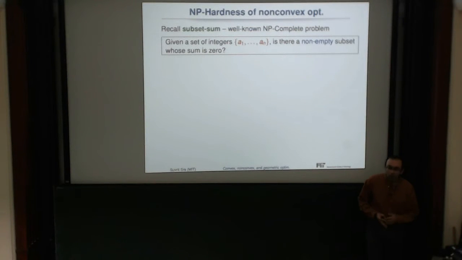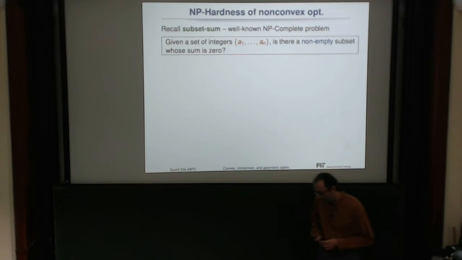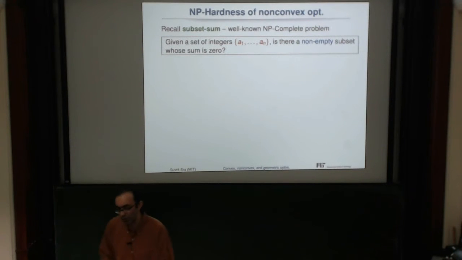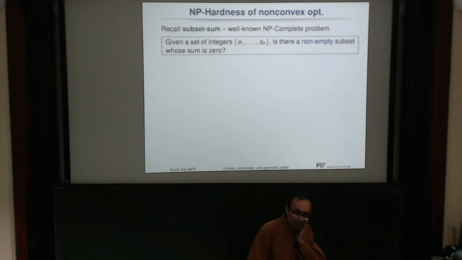Recall, this is a toy example from a very famous paper on hardness of non-convex problems. It's good to see this formally once. There is a famous problem you may have heard the name of, the subset sum problem.